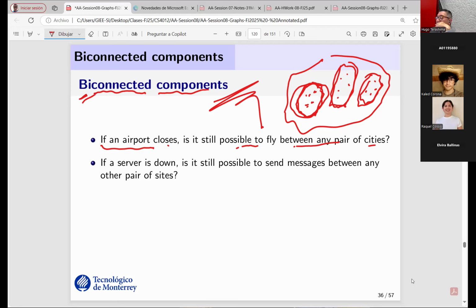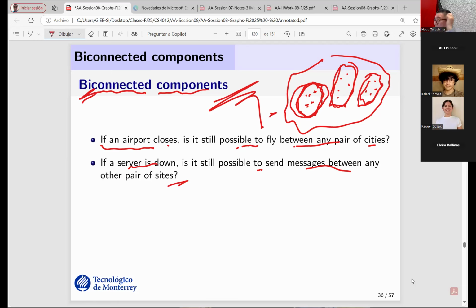So that's the reason that component is bi-connected. So I still close one, but still can find a path between any pair of the other elements in the bi-connected component, right? If a server is down, it is possible to send messages between any other part of sites. That's the idea with this problem.